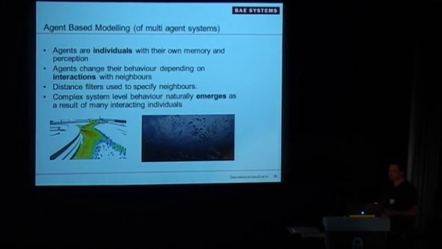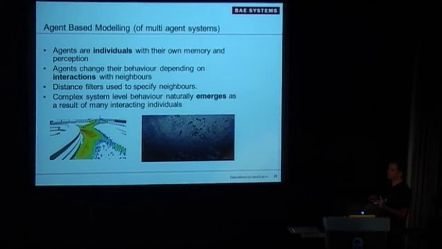So agents are individuals with their own memory and perception. By perception we mean that they interact with neighbours. There'll be a neighbour filter, a distance filter, so it's only going to interact with neighbours within that distance.